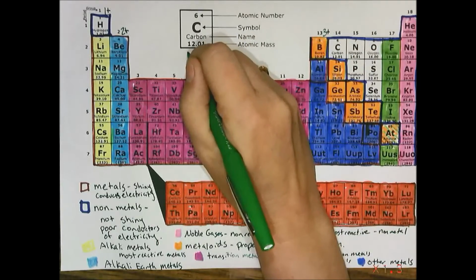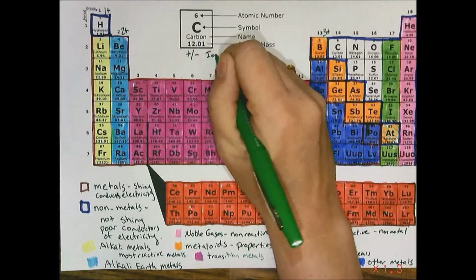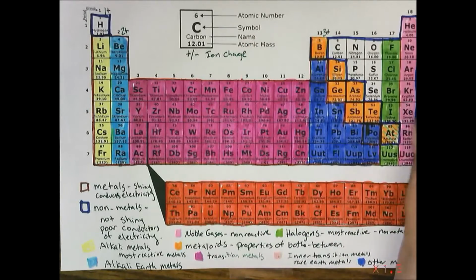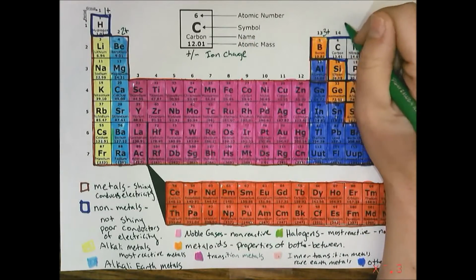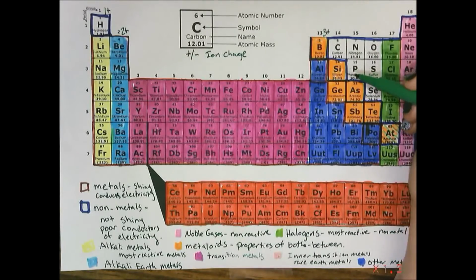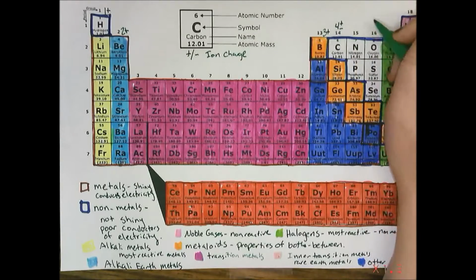And so over here, I'm going to do the little plus minus as ion charge, so that I remember what these numbers mean. Now remember, when you get to carbon, it doesn't really give away or take, it actually just shares. We usually put that on the periodic table as 4+ or minus.